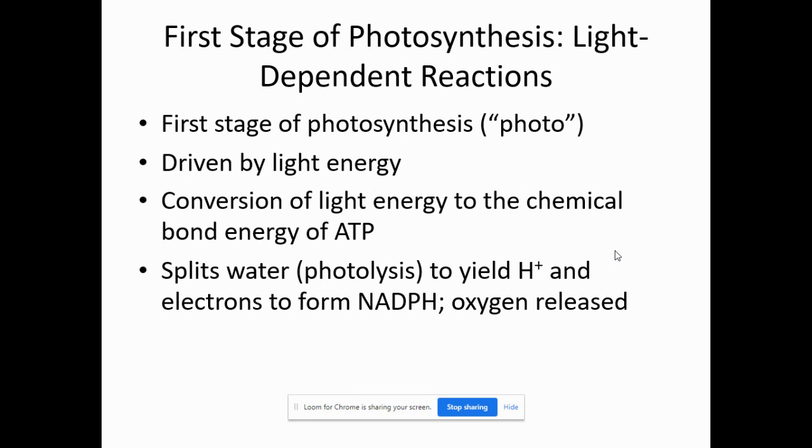And so when you have the water split, you have hydrogen ions and electrons, which are then accepted by this NADP molecule to become NADPH. So the two major products of light-dependent reactions are ATP and NADPH. They are needed for the second stage. But as a byproduct, you have oxygen that is released because you have the splitting of water.